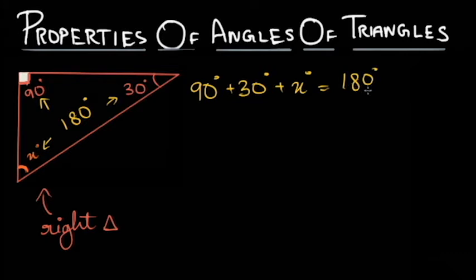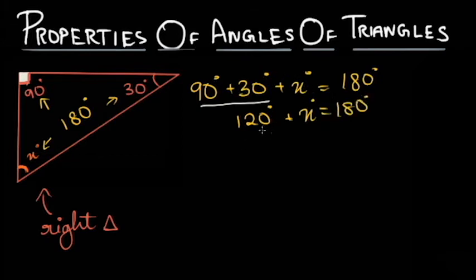Now, to solve this, we first solve 90 plus 30, which is 120 degrees, plus X degrees is equal to 180 degrees.